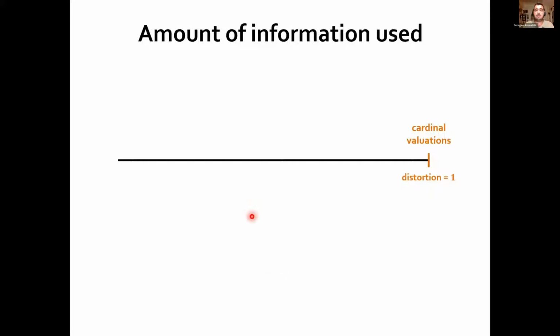So let's visualize what the different settings can be here. On one extreme, we have the full information setting where we know the cardinal valuations, and there the distortion is 1, because we can check each candidate. The standard setting, where most work on distortion has been done, is when we have full access to the ordinal preferences of the agents.